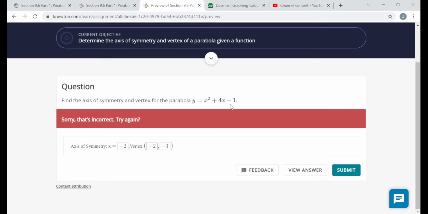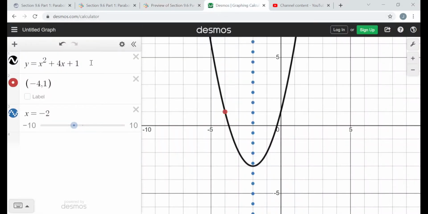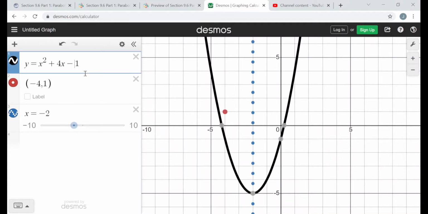Read more carefully. My apologies. It says find the axis of symmetry and vertex for a parabola y equals x squared plus 4x minus 1. I had plus 1, didn't I? Yeah, I mean the axis of symmetry is still correct because the b and the a didn't change. B is still 4, a is still 1, so negative b over 2a doesn't change.